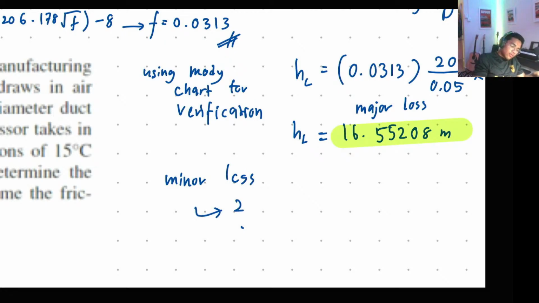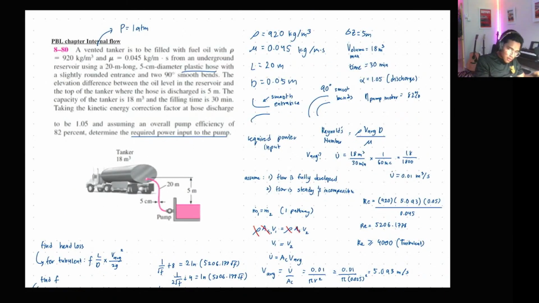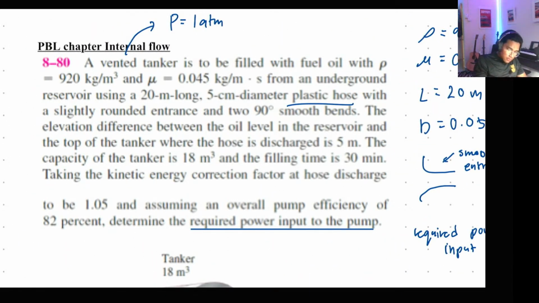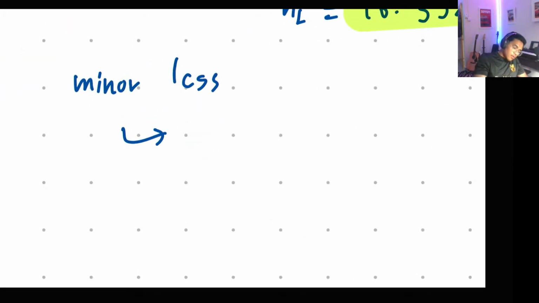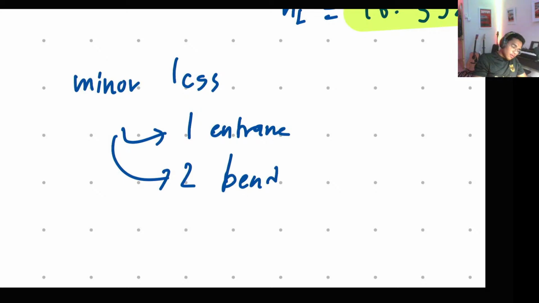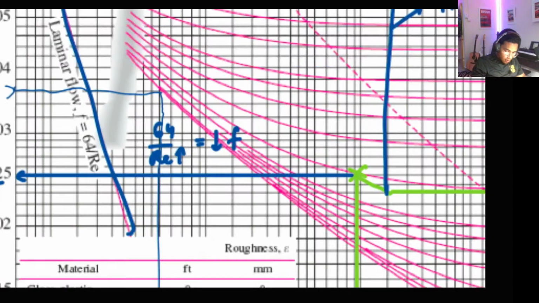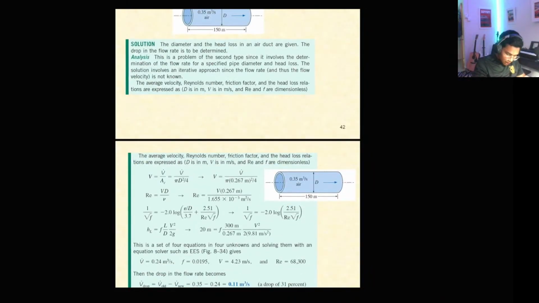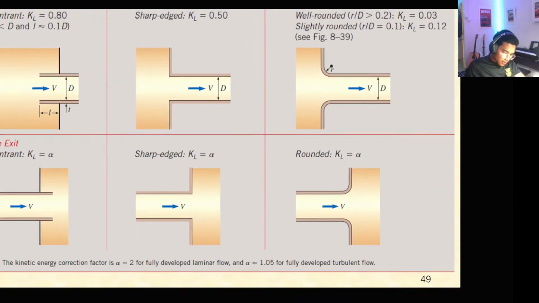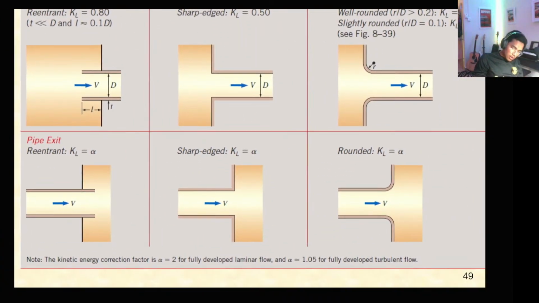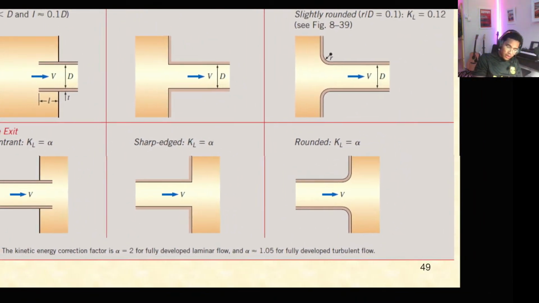We have a slightly rounded entrance and 90 degree bends: one entrance and two bends. Now let's see. K_L equals alpha, the kinetic energy correction, for fully developed turbulent flow.